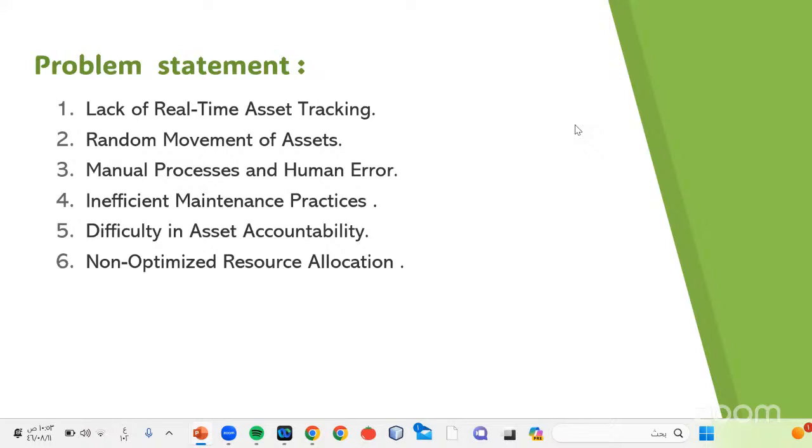Difficulty in asset accountability: poor tracking means resources are underutilized or overused. In both situations, the cost will increase for asset resource allocation.